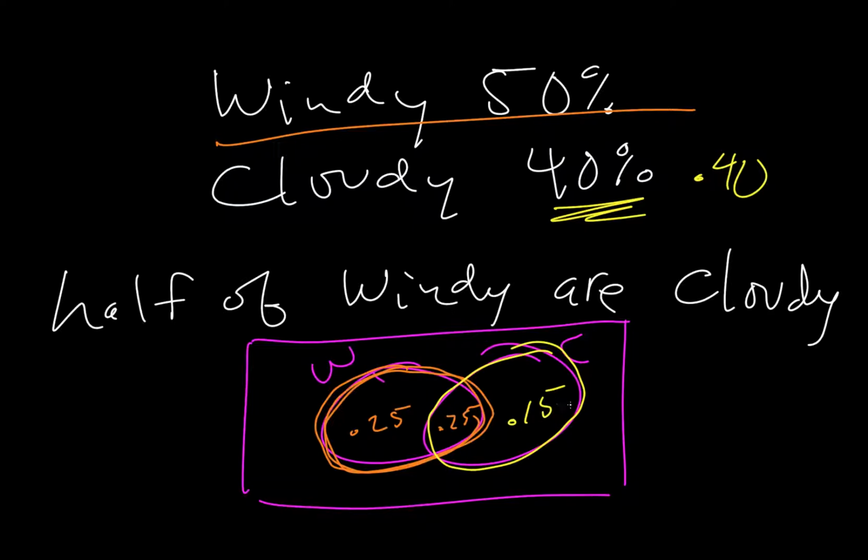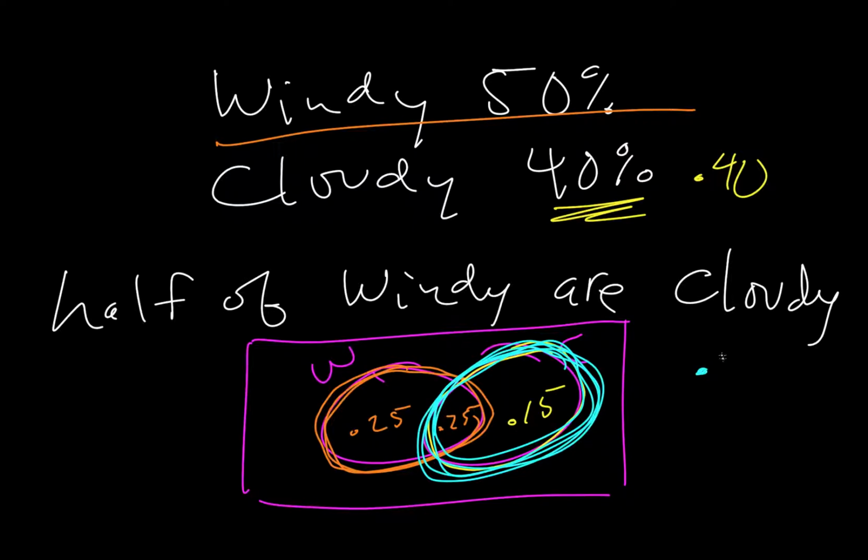Okay, so now that we have our Venn diagram, I'm going to read the question again that I asked. What is the probability of a given cloudy day being windy? So now we're only focusing on the cloudy days. So that's like 100% of what we're looking at. So if we know that we're cloudy, what is the percent that it's also windy?